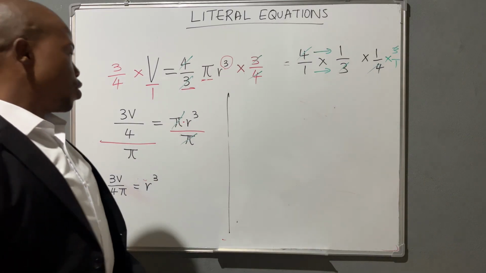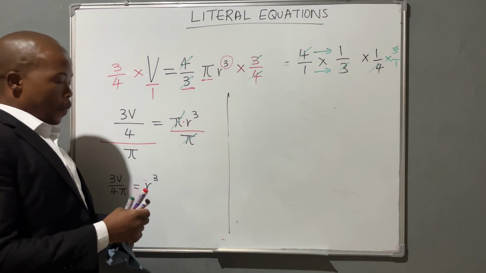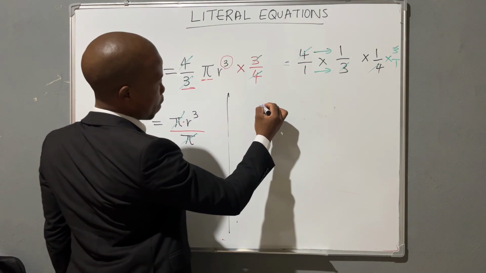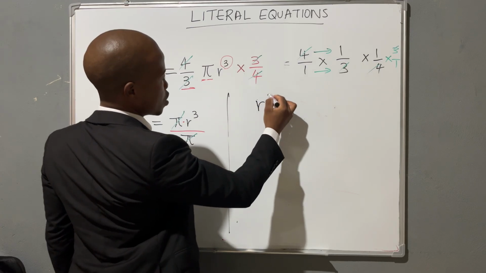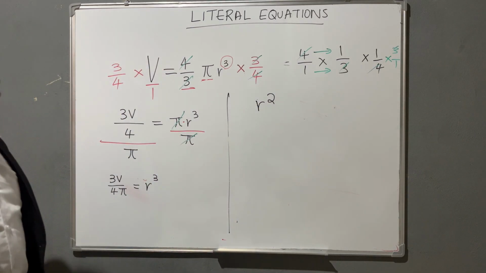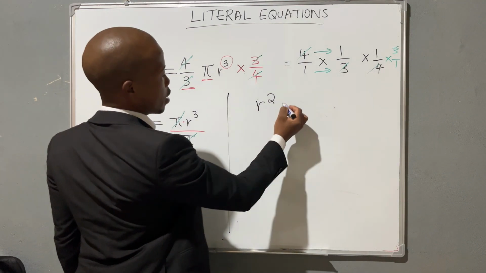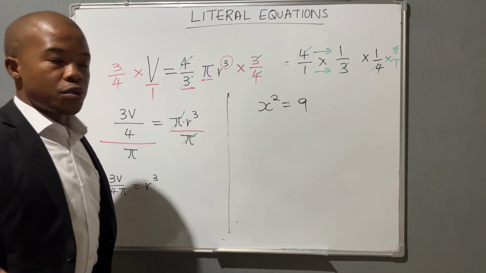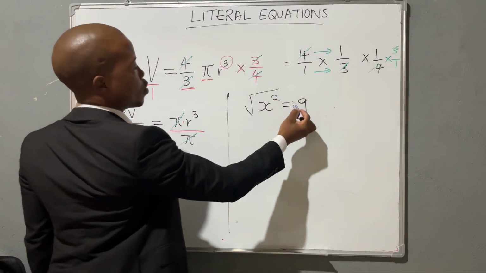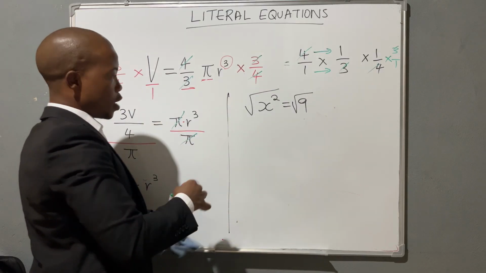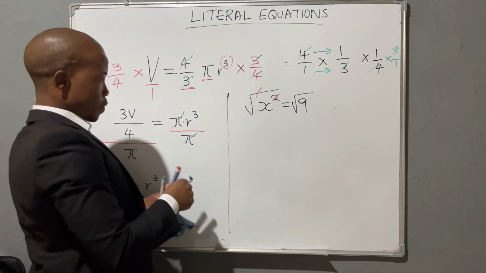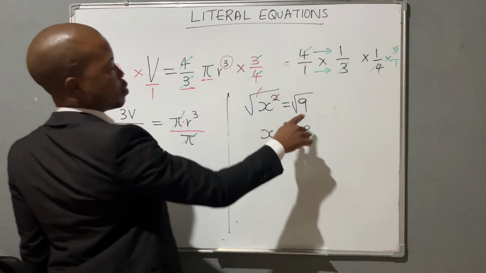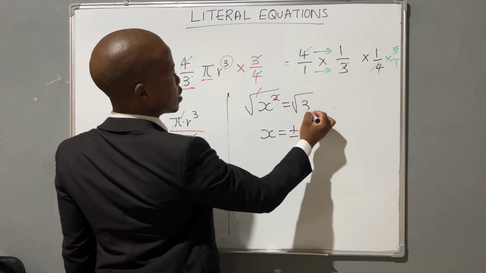If you check my other videos where I was talking about roots, I said that if you have something like, let's say, r squared, usually when we were getting rid of the squared, let's say x squared equals 9, we root both sides, and this cancels this, and our answer would be x equals plus or minus 3, right?